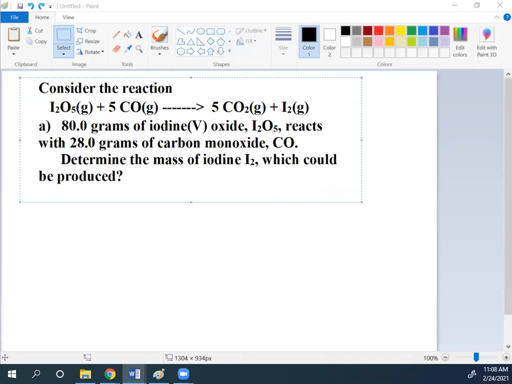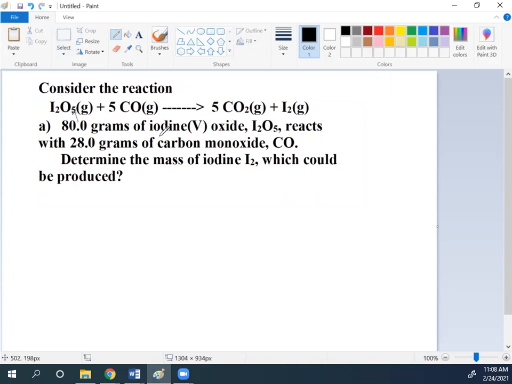So I've got 2 things I know here, don't I? I have 80 grams of this, correct? And I have 28 grams of this. What I'm looking for is my grams of iodine.